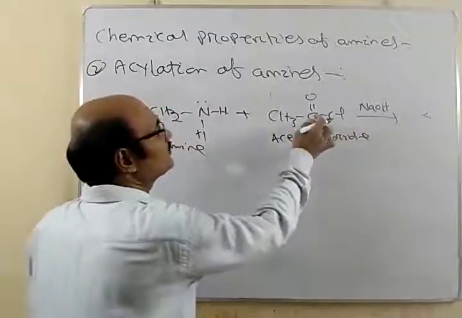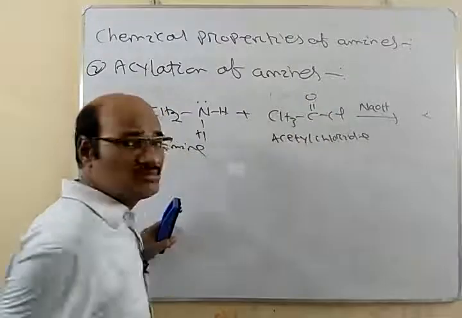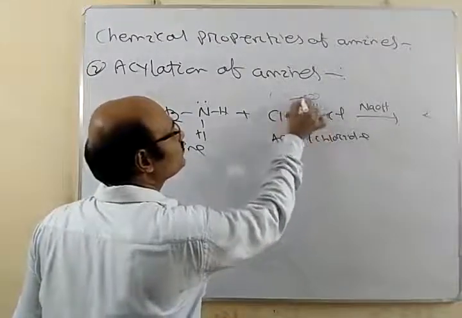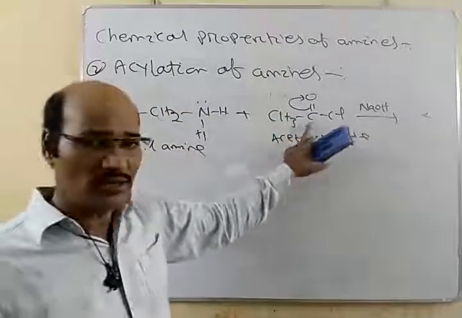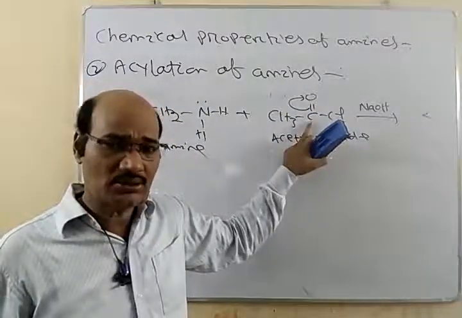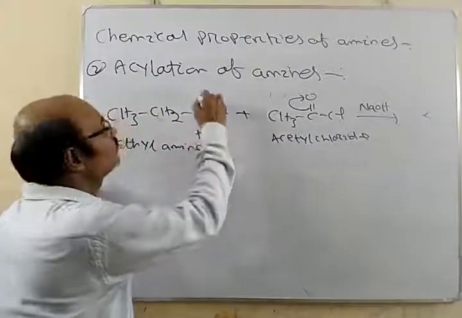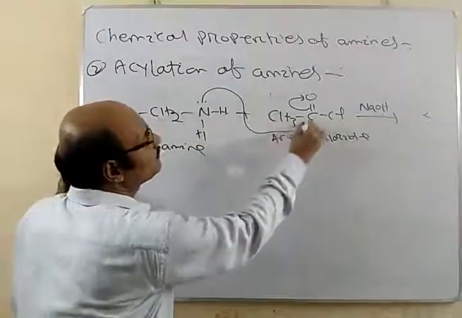This C double O has a sigma and a pi bond. So what happened? This pi bond can shift to this place. So this C becomes plus, electron deficient. Now this will come to this.